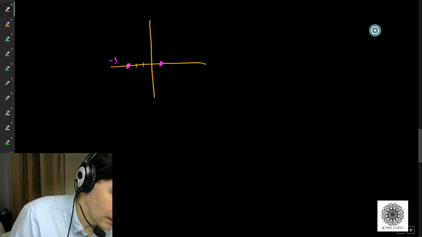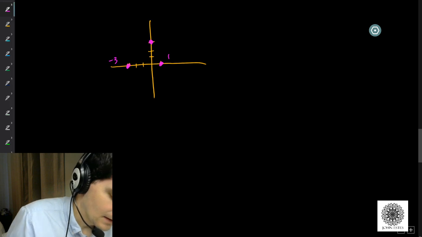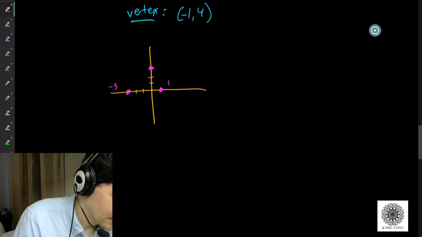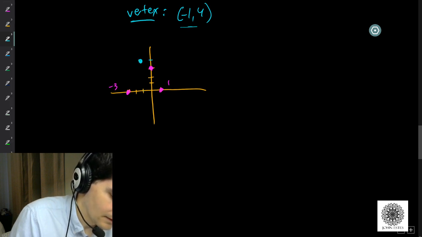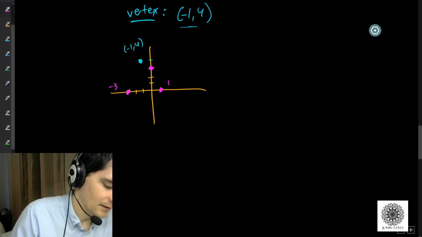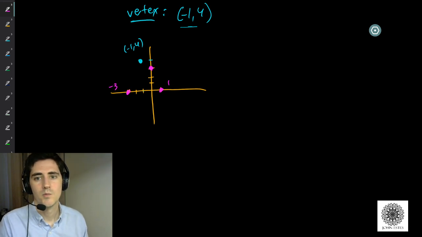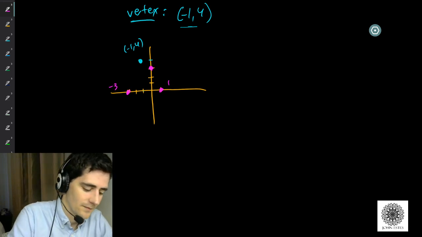That's negative 3 and 1. We said positive 3 for my y-intercept. And we said the vertex was at this point negative 1, 4. So that's up here. That's the point negative 1, 4. That's the vertex.